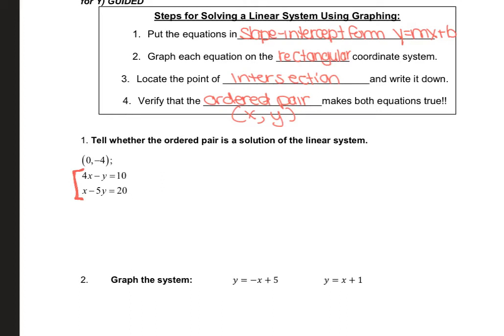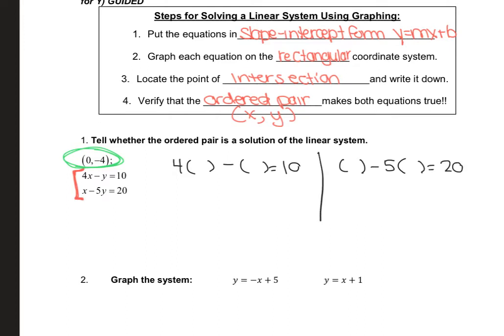So we want to know if this ordered pair here, (0, -4), is a solution to the system. We're going to test it out for both. We're going to create our little template: parentheses minus parentheses equals 10. And then I'm going to set my other one up: parentheses minus 5 parentheses equals 20.